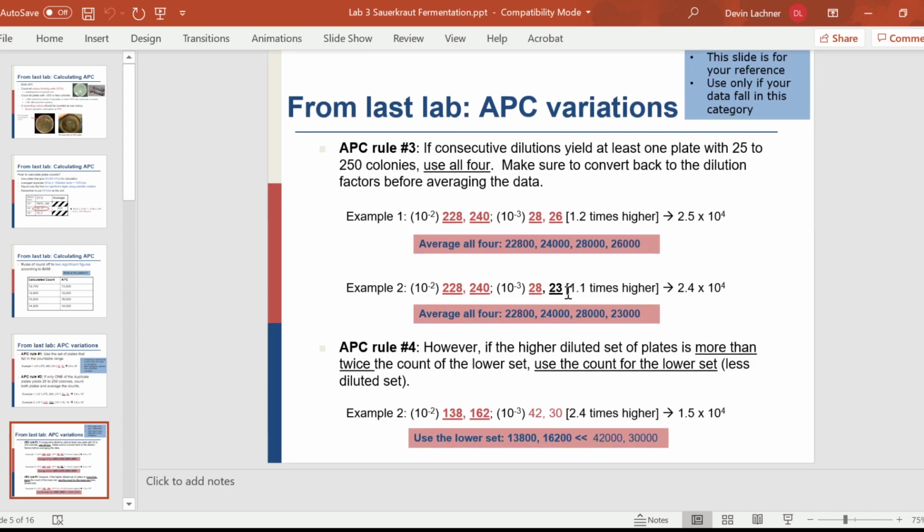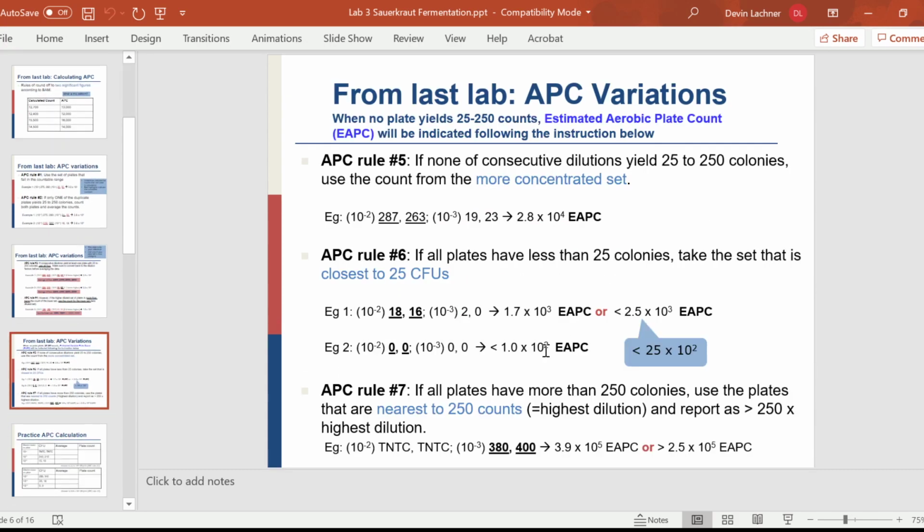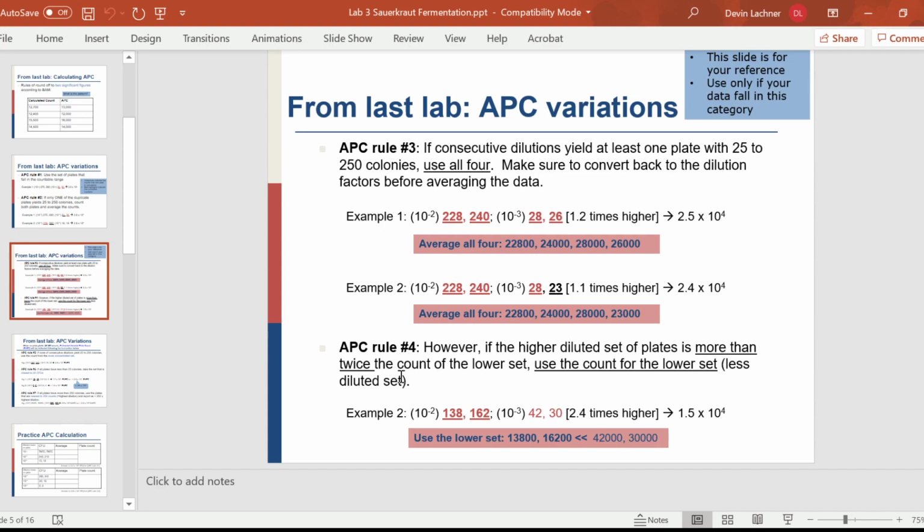So in this case, only 2 of these fall within our range, and then only 1 of these is within the range. But since 1 of the 2 is, we need to use all 4 numbers, okay? So if the higher diluted set of plates is more than twice the count of the lower set, then you only use the count for the lower set, the less diluted set, okay?